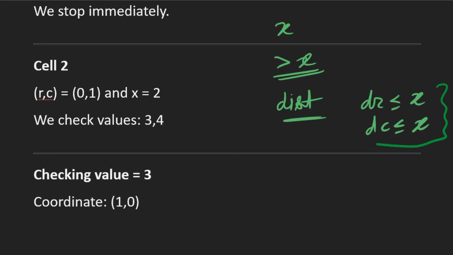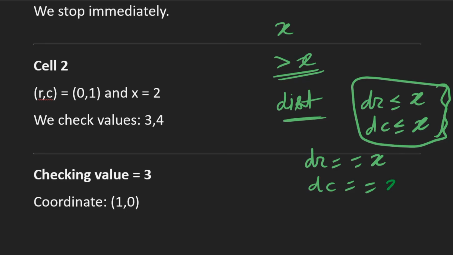That means the cell is present inside the square. If it is present inside the square, then we check whether it is a corner cell. For a corner cell, row distance is equal to x and column distance is equal to x. If it is a corner cell, then we ignore it.